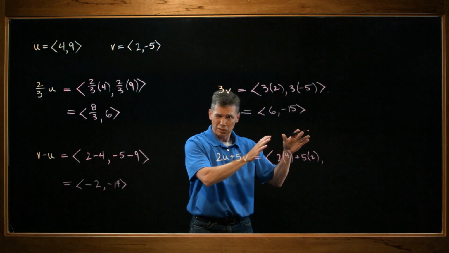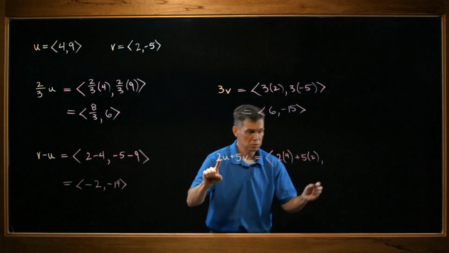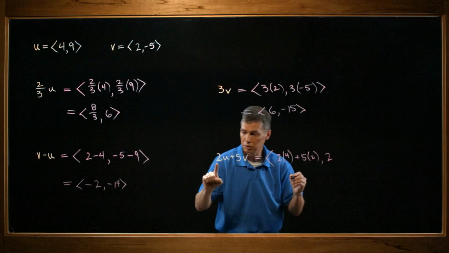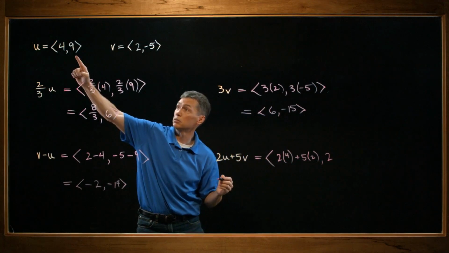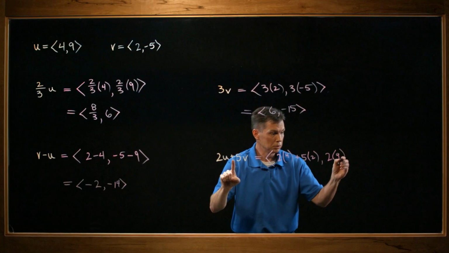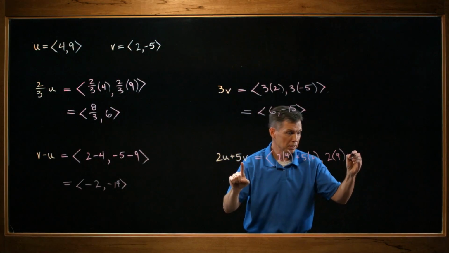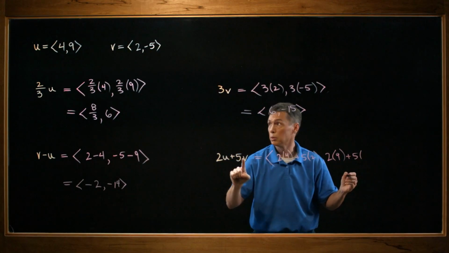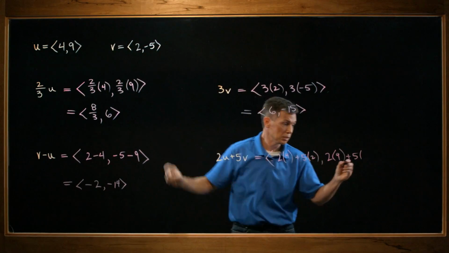And then comma, get to your second component, which comes back to there will still be a 2 in front of the second component of u, which is my 9. There's still a plus in between, and there's still a 5 in front of the second component of v, which was my -5.